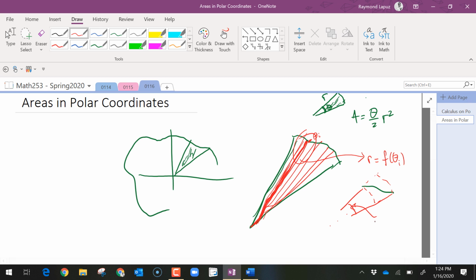It's the change, how it's changing from one angle to the other. Delta theta. So 1/2 r squared delta theta. We add them up, a whole bunch of them, and it becomes an integral.